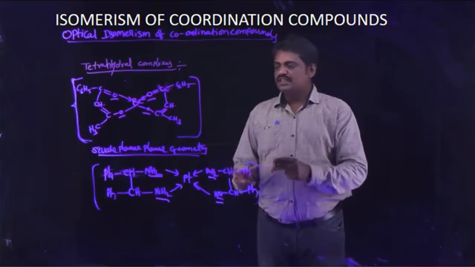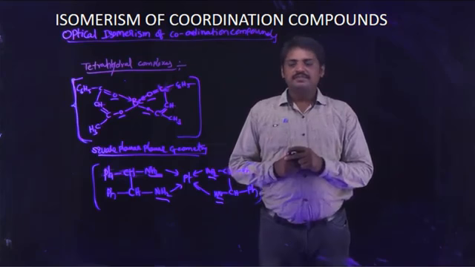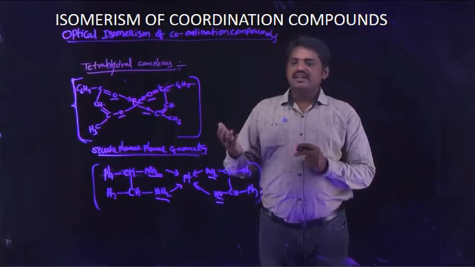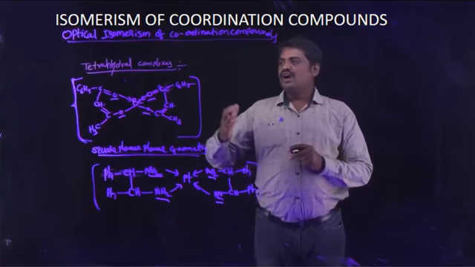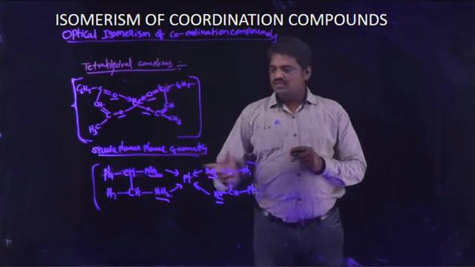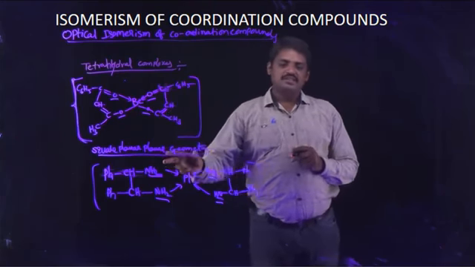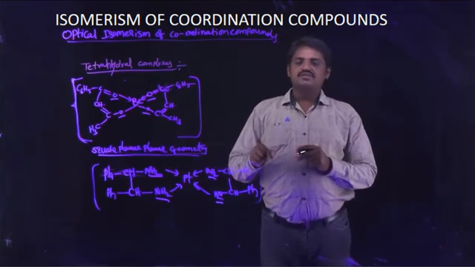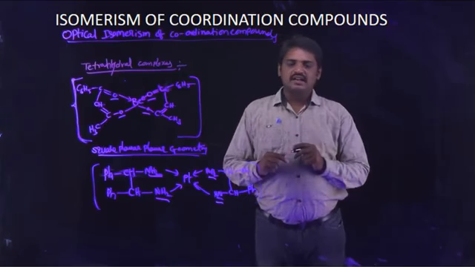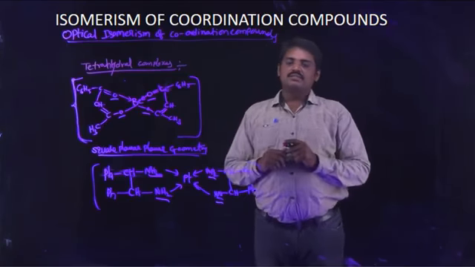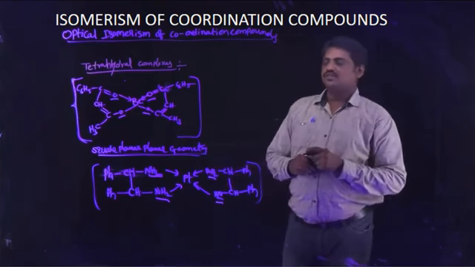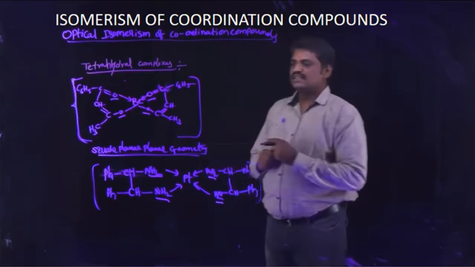Generally, tetrahedral complexes do not show geometrical isomerism; only square planar complexes show geometrical isomerism. But optical isomerism is shown by both tetrahedral complexes and square planar complexes. Why? What is the reason?